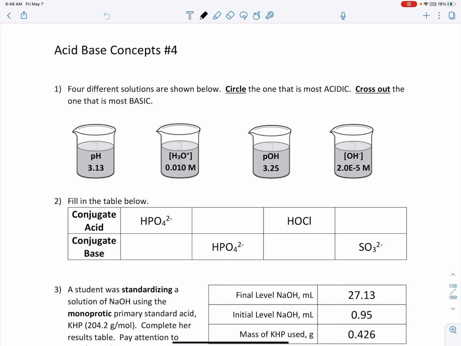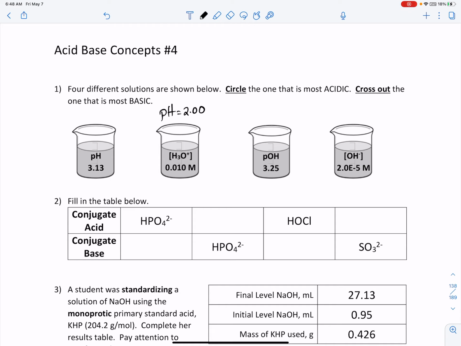This pH is going to be 2. Now I can tell that because it has a lower pH than the first beaker, the second beaker is more acidic. The first beaker is more basic. The one with the higher pH is more basic, and the one with the lower pH is more acidic.